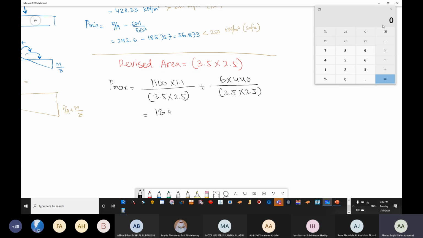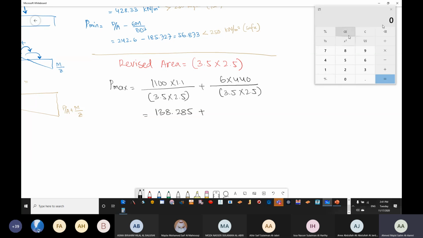Okay, so we have 138.285 plus the second value. You cannot get it to be 300. I mean, the total value is 300. Even 300 is fine, I mean, too much.